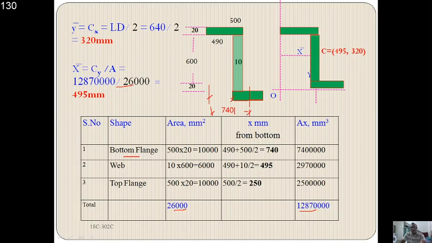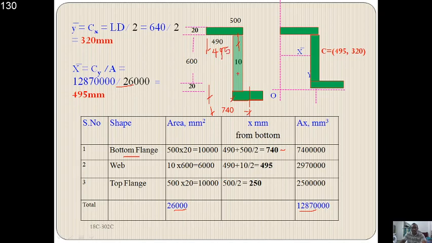So how is it given? 490 plus 500 by 2. And similarly for the web portion, this is 490 and 10 by 2. So you will get up to this point, 495.